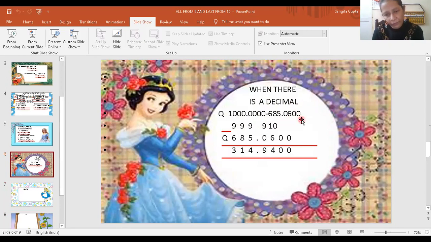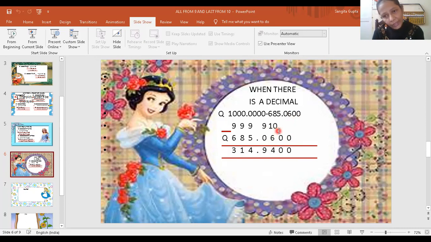As in my previous questions I have told you, 0 you have to write down, but you have to ignore it also. You will not do any solution with these zeros. So ignoring 0, what is the last number here? 6. 6 is the last number, so 6 I have written here. So last number from 10, above 6 I have written here 10.